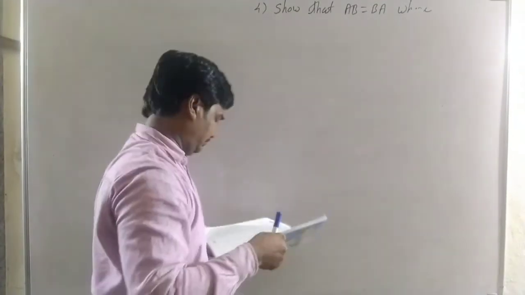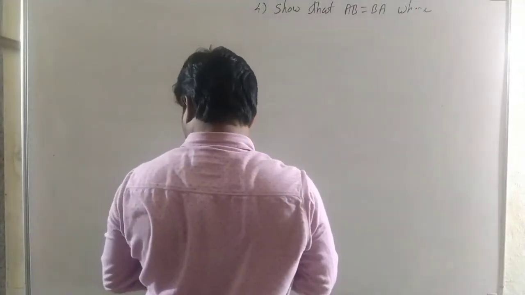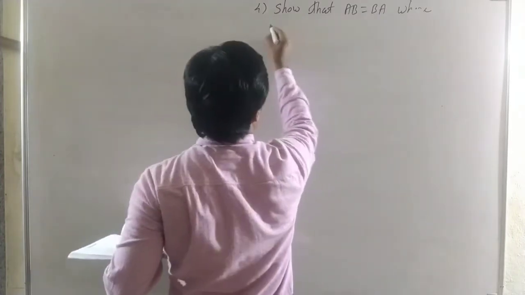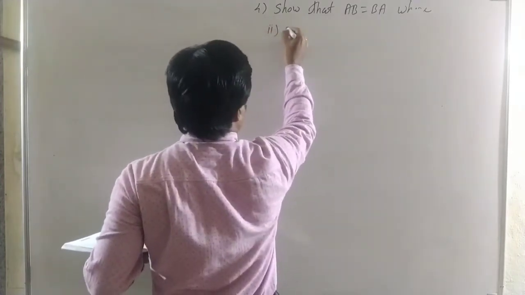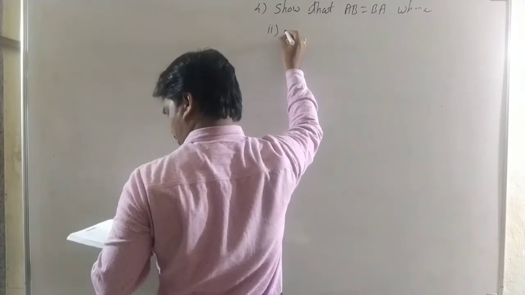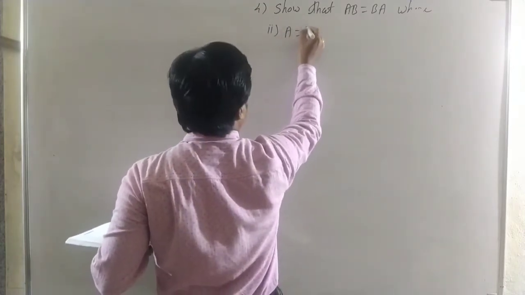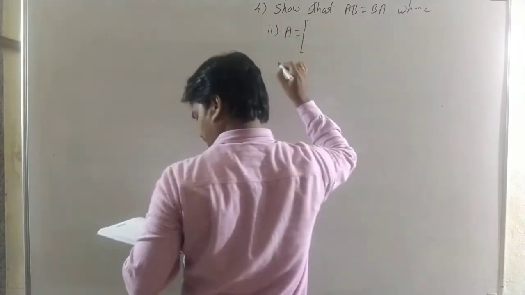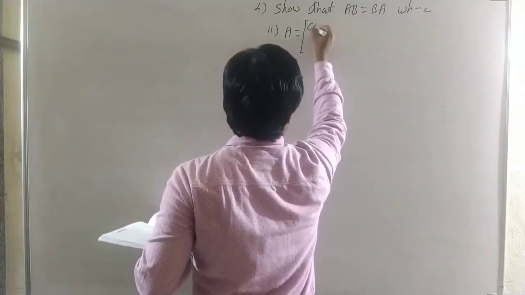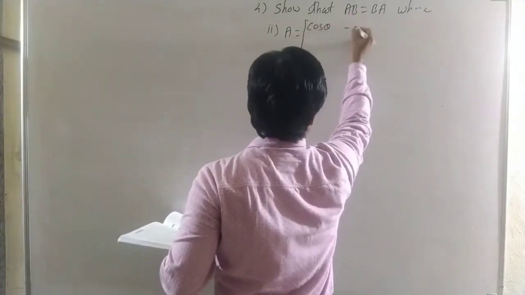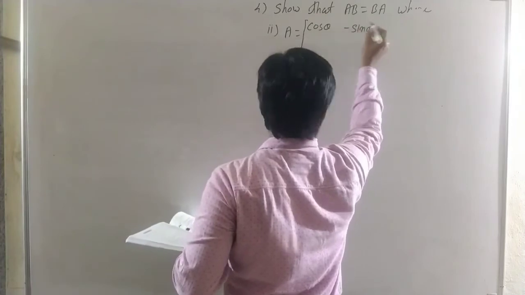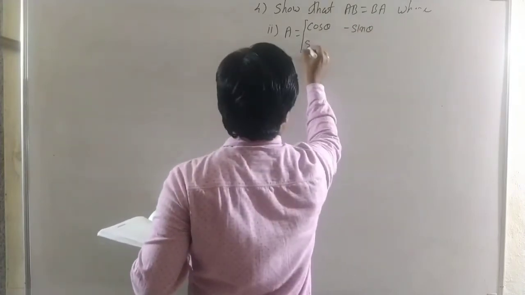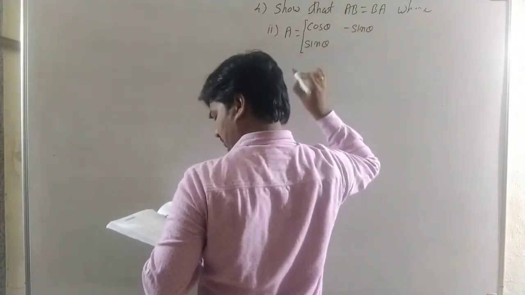Next, show that A into B is equal to B into A, where A is cos theta, minus sin theta, sin theta, cos theta.